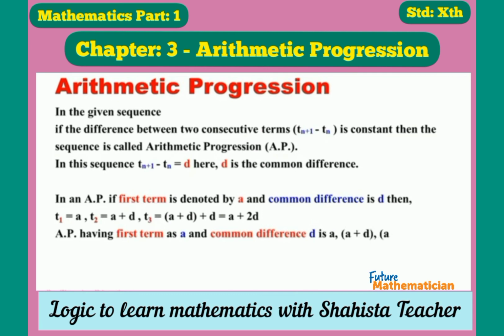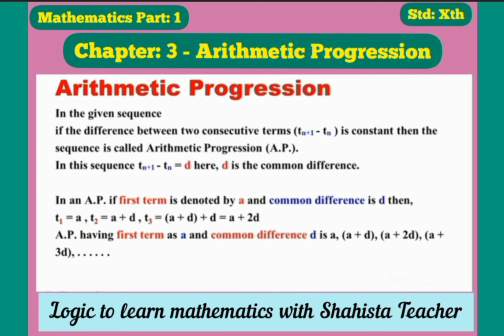An AP having first term A and common difference D is A, A plus D, A plus 2D, and A plus 3D, and so on. Is that clear, my dear students? So simple and easy to apply this formula in practice set 3.1. So let's solve practice set 3.1 in detail.